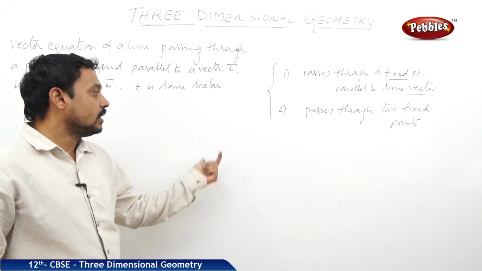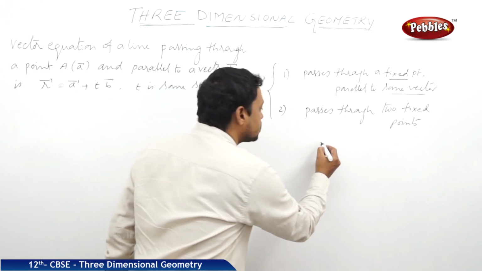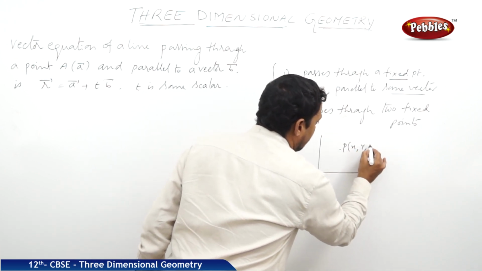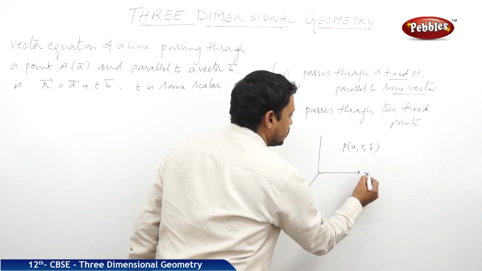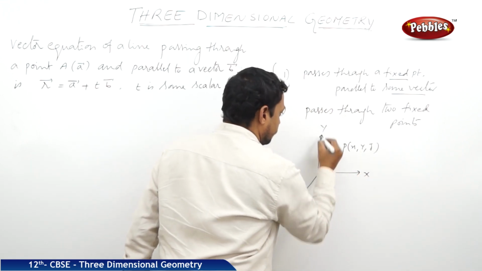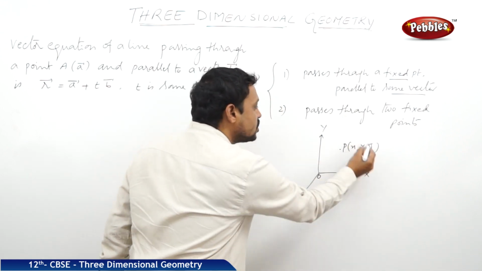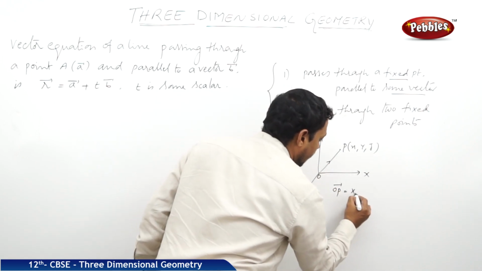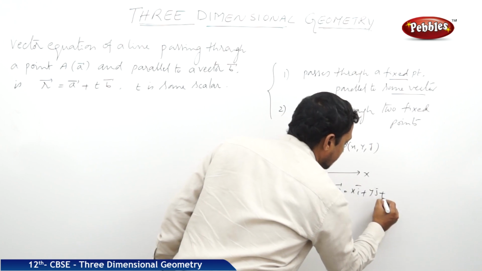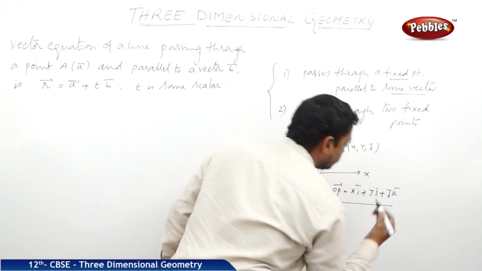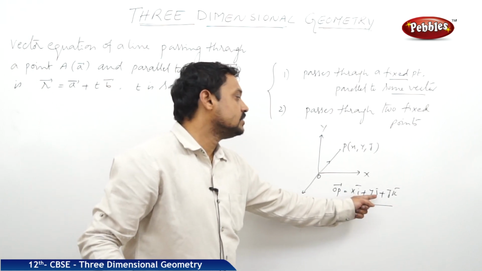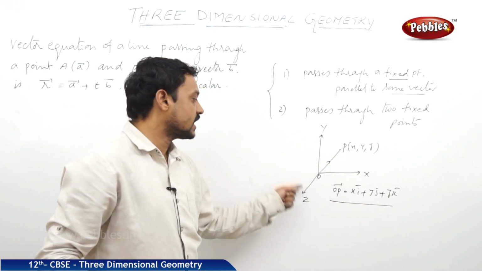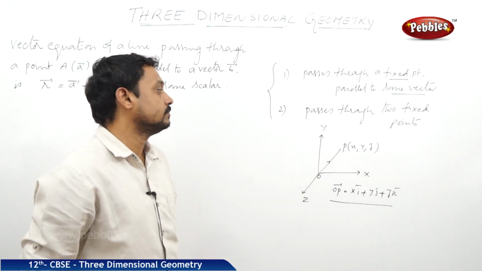Earlier we studied the point in three-dimensional geometry. Suppose P is x comma y comma z, a point in three-dimensional geometry, then the position vector of the point, that is OP bar, is given by xi plus yj plus zk, where i, j, k are unit vectors along the three coordinate axes x, y, z respectively.